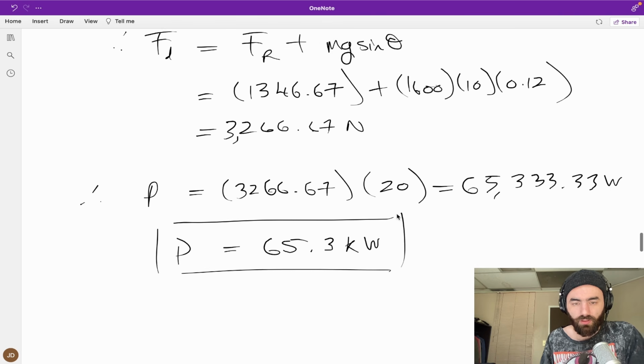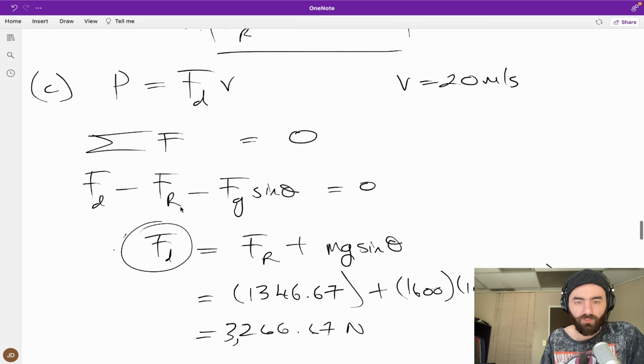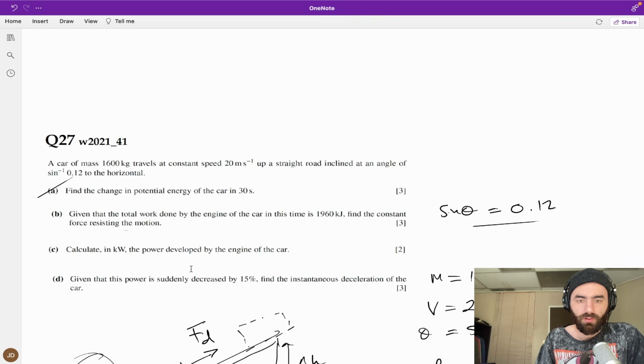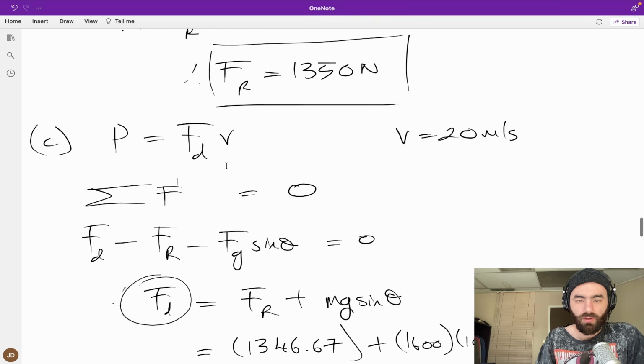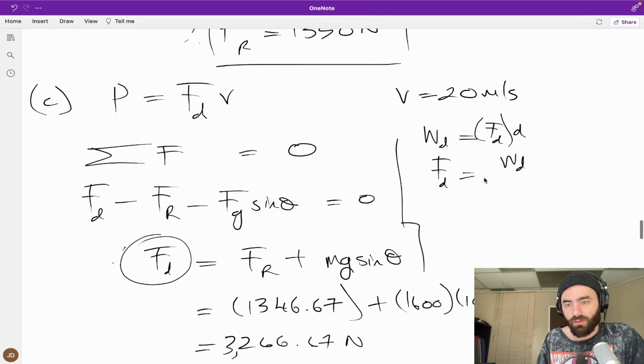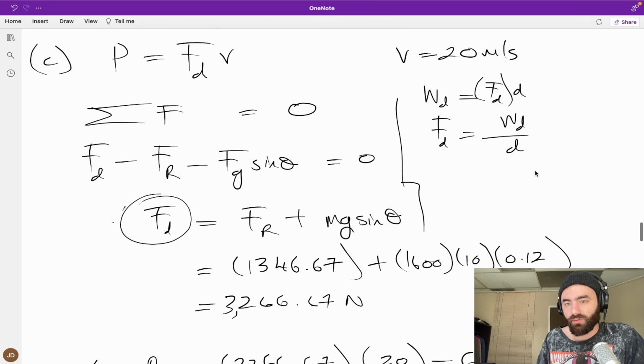Just to note, another way to figure out this driving force, because we need the driving force to find the power by the engine. Because work done by this force is Fd times the distance, that means Fd is the work done divided by the distance traveled.